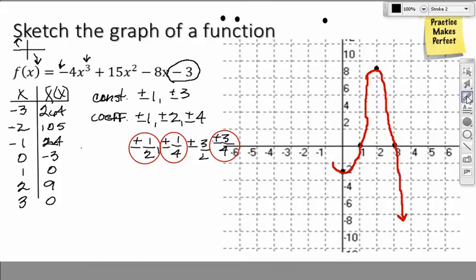And this is where that synthetic division comes back into play again. So I'm going to start out, and I'm going to use decimals because they're nice, pretty decimals. In other words, they're terminating. And then I have -4, 15, -8.